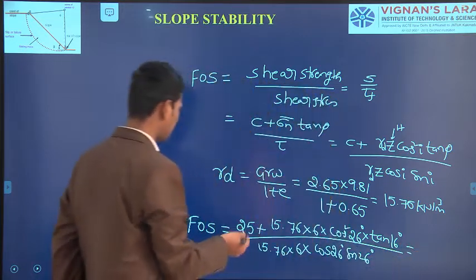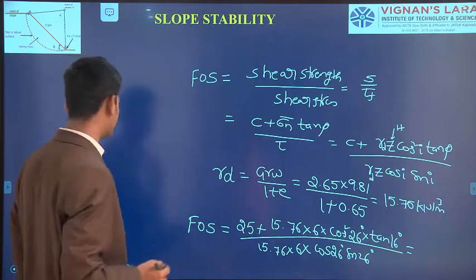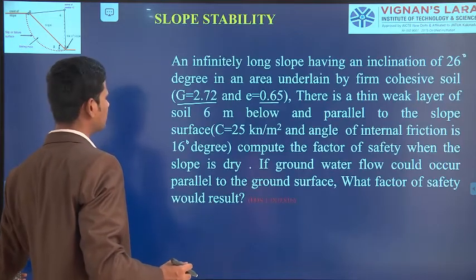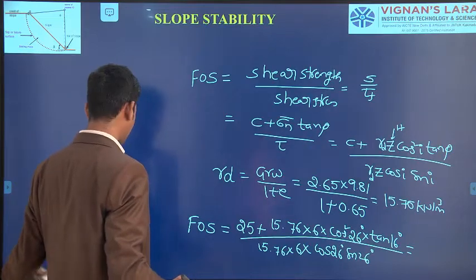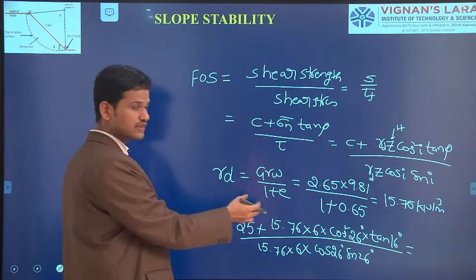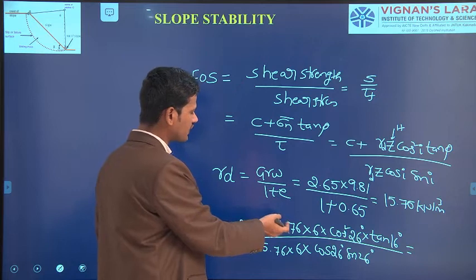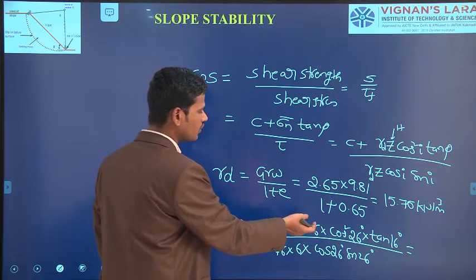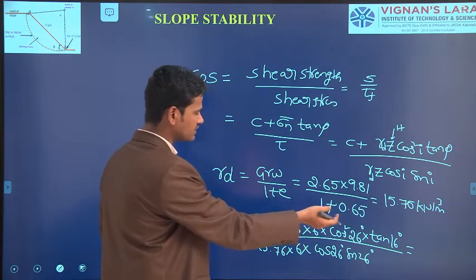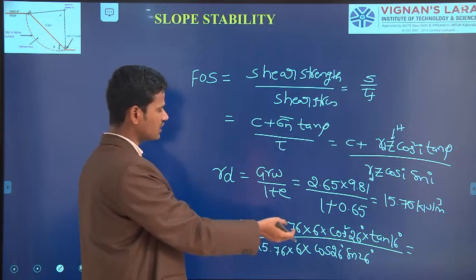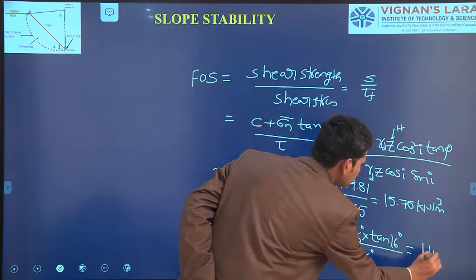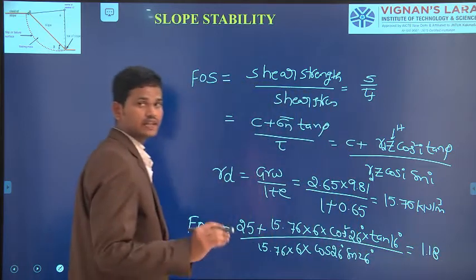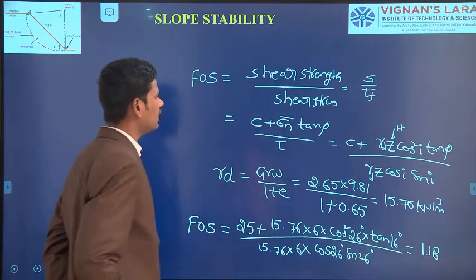If you substitute all these parameters and calculate, the factor of safety you get is 1.18. That is 25 plus 15.76 into cos 26 tan 16 degrees, divided by 15.76 into cos 26, giving a factor of safety of 1.18. That means this slope is in a stable condition.